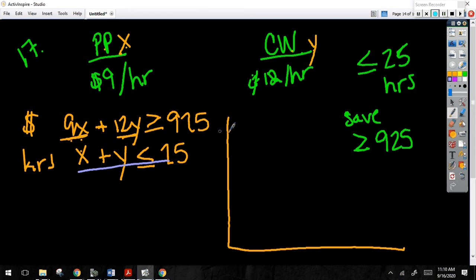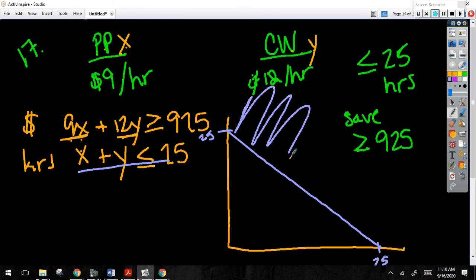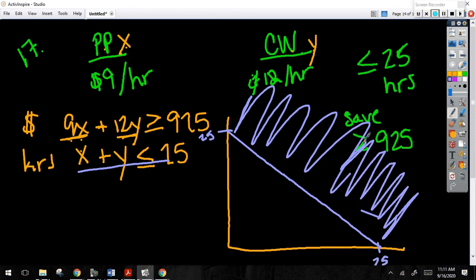I'm going to do the intercept here. What's 925 divided by 9? Oh dear. 100 something. 25, 50, 75. We're going to call this 100. It's going to be right above 100 there, but a little bit out of room.